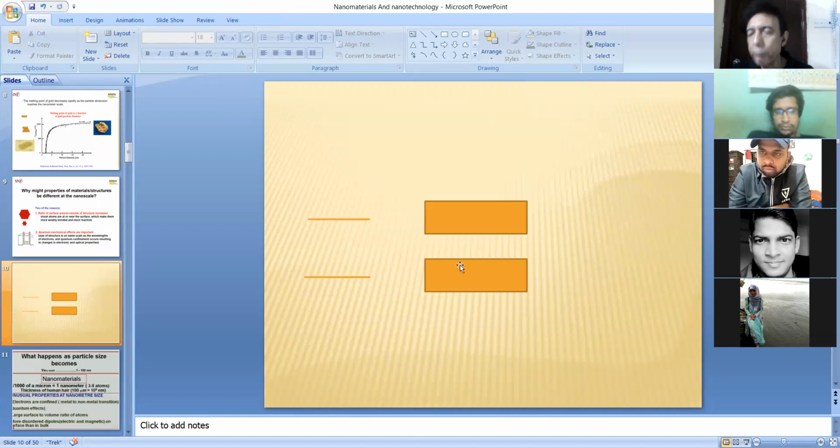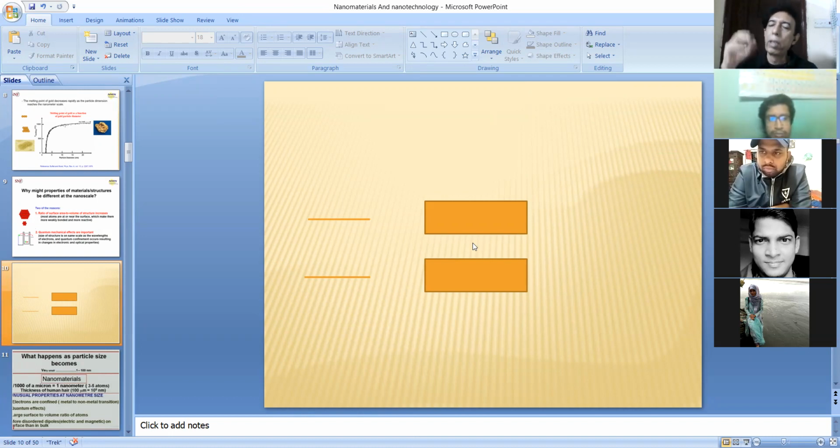So why does a band come? Because if you have n number of atoms, say in a lump of sodium metal or a lump of copper metal, you have n number of copper atoms. So there will be n number of lower states and n number of higher states. This n number of lower states make a band.